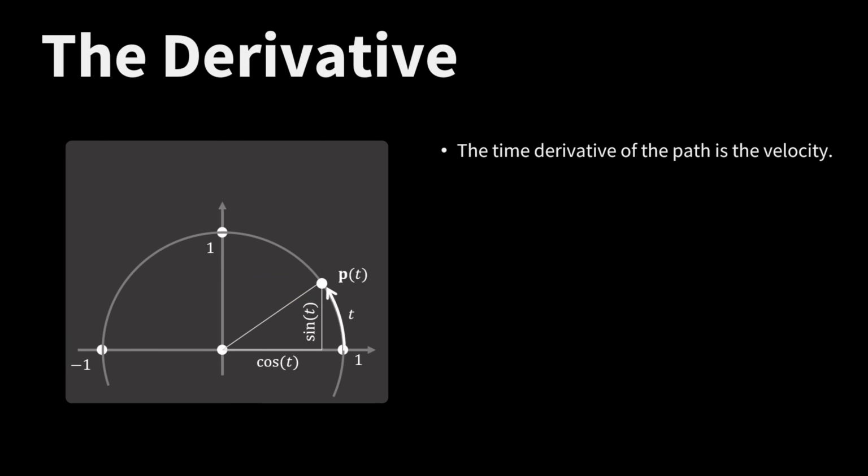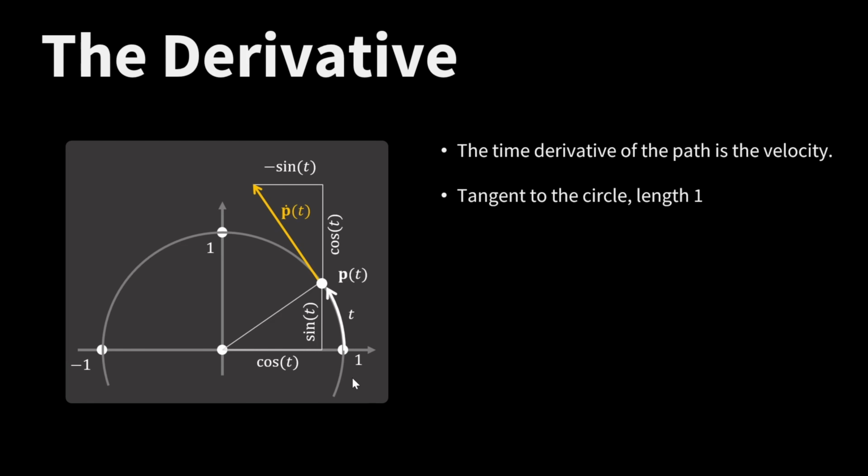Can we compute the derivative of these 2 functions, sine and cosine? What we saw earlier is that the derivative of a function that depends on t is actually the velocity. So the question is, what is the velocity of the point P at time t? The velocity is tangential to the circle here. This also means that it is perpendicular to the radius. Since the velocity of P is 1, the length of the velocity vector is also 1.